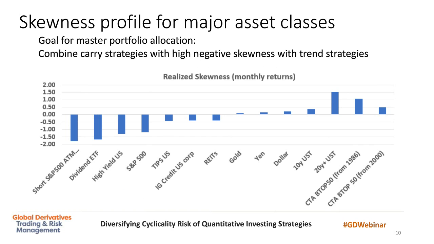What is the skewness of different strategies? Obviously, the most exposed strategies with negative skewness are straddle selling or dividend strategy, dividend ETF. They have negative skewness. All carry strategies have negative skewness. They generate small returns, and during turmoils they lose a lot.